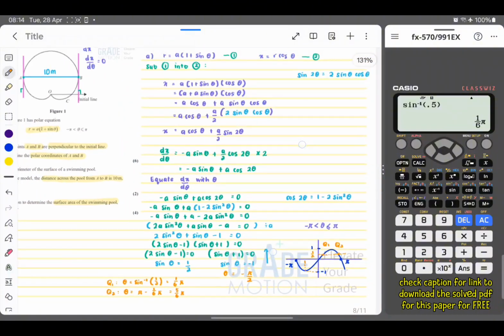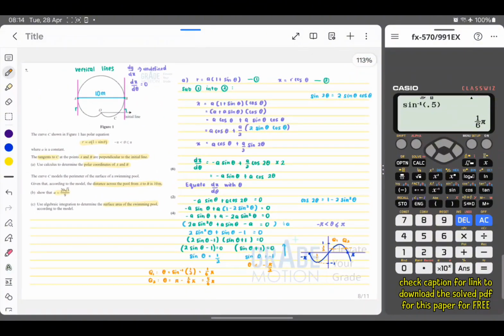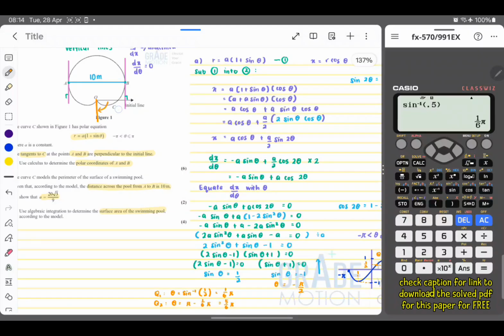Okay, let's zoom out and take a look at our figure. So the drawing. We have theta equals negative pi over 2. So that means we are looking at this point, because it is in the negative direction by pi over 2. So that's not point A or B. Another one is theta equal to 1 over 6 pi.